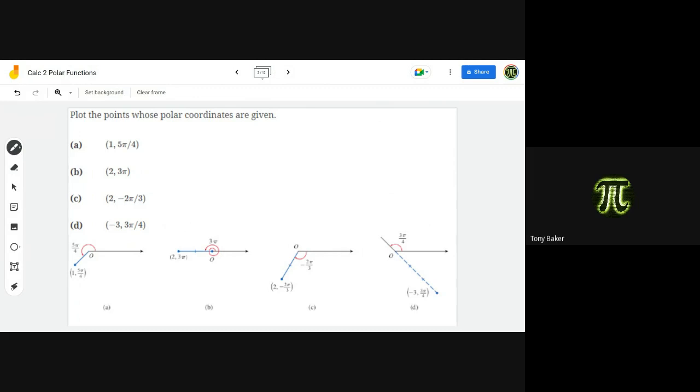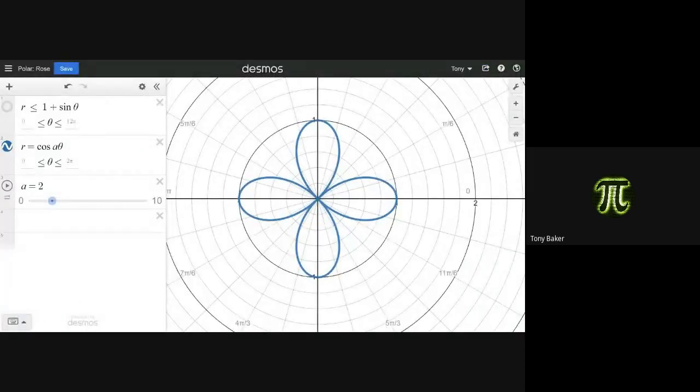So if we go back and look at my rows, or my flower that I did here, if we did 0 to pi, that's all it is. If we did 0 to 2 pi, I've got my whole thing. If I did 0 to 4 pi, it doesn't change.